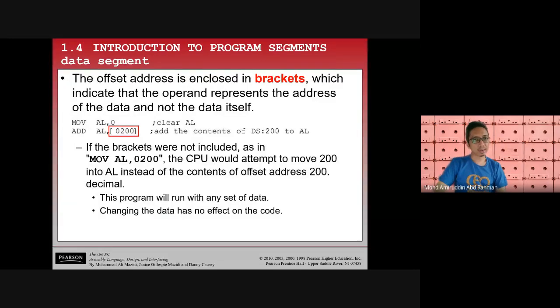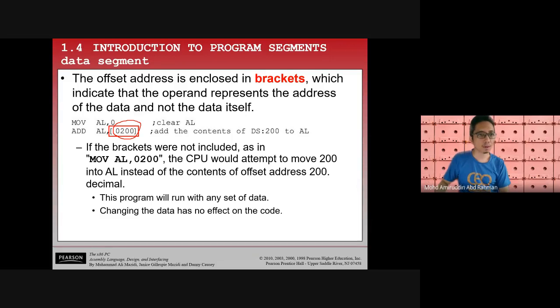The address is enclosed in brackets, which indicates the operand represents the address of the data and not the data itself. Meaning that we stored the data inside this operand, so whatever we stored here will be called again over here, and we just add the value.